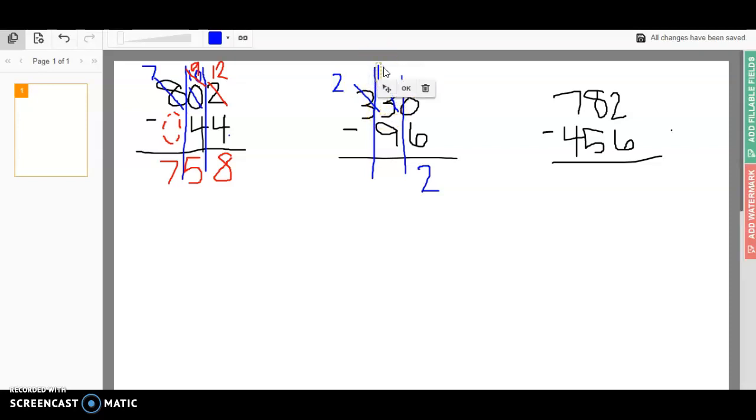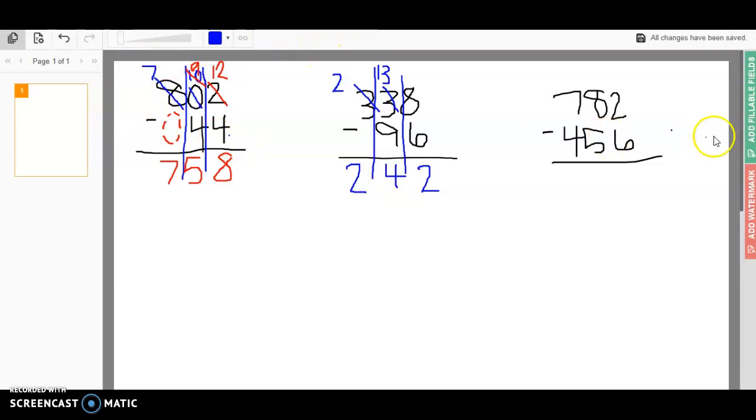So this is 13. 13 minus 9, what do we get? Yep, 4. And then our last step, we have 2 minus blank, or 2 minus an imaginary 0, and that gives us the same number, 2. So 242.